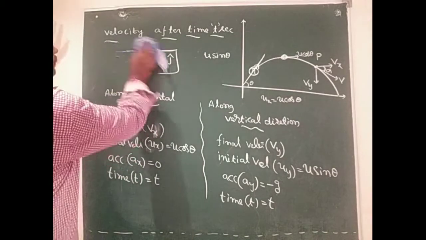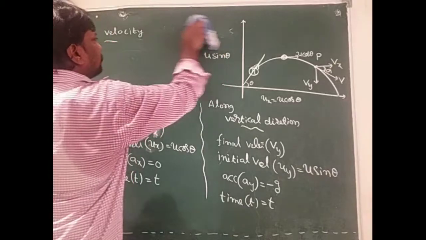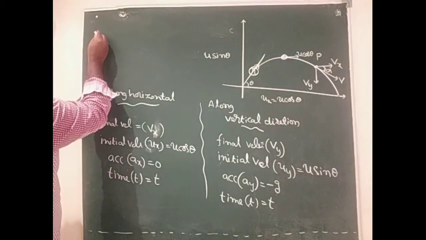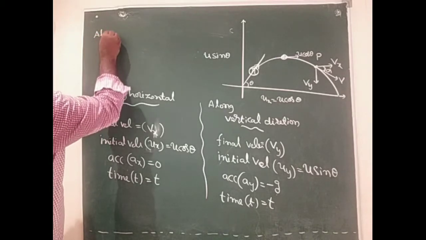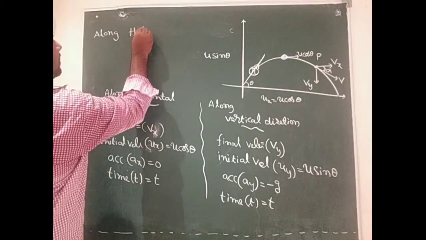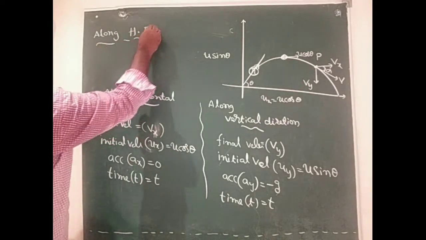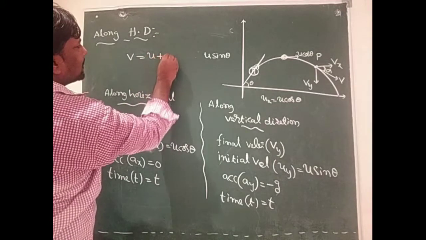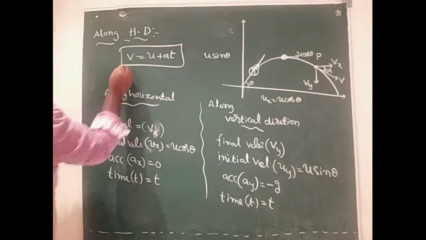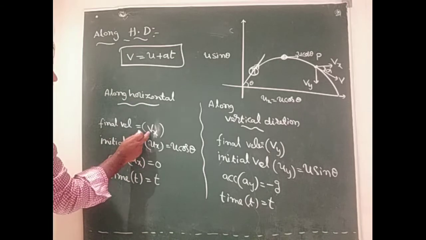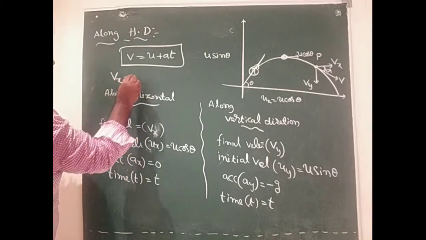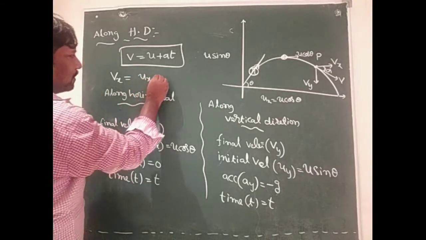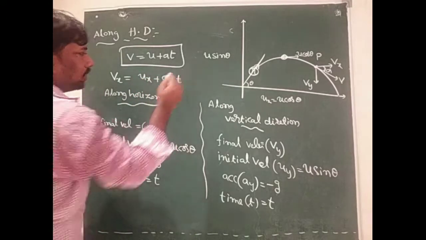So here along horizontal direction, using the formula v equal to u plus at. Final velocity is vx equal to ux plus ax into t.